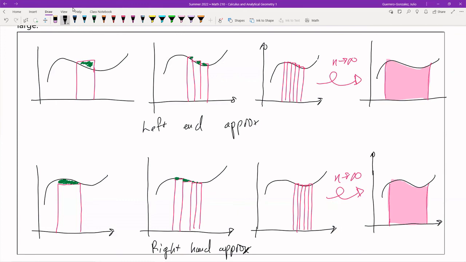So at the very end, we have two different expressions here. There's going to be a left-hand approximation here. So this is going to be my, whoops, got them backwards. This is going to be my left-hand approximation, and this is going to be my right-hand approximation.